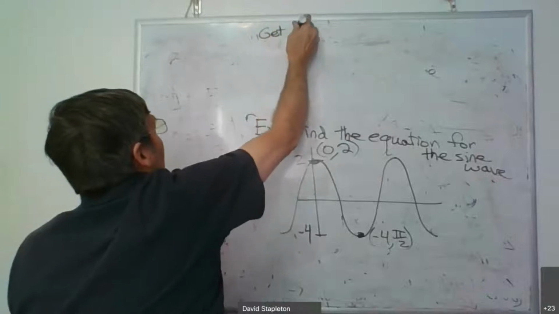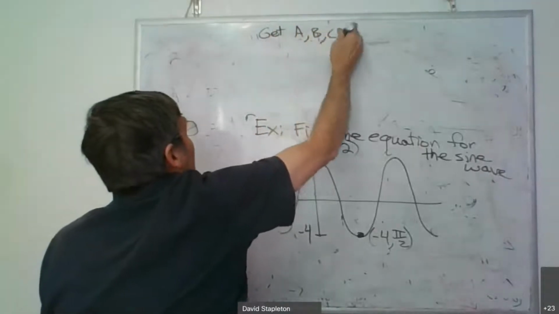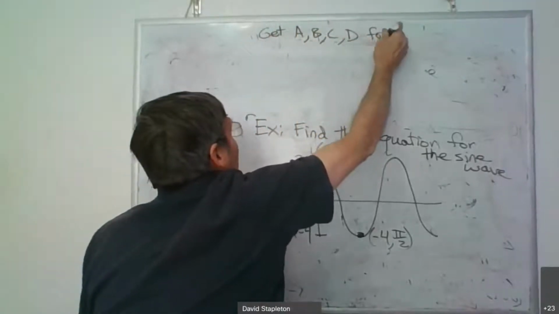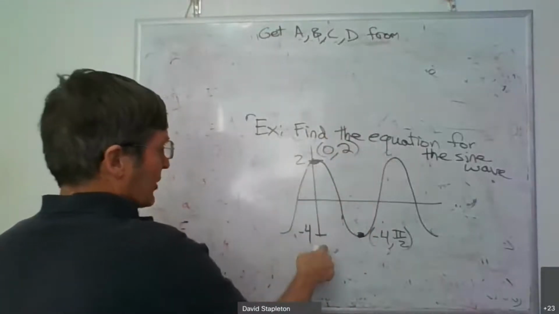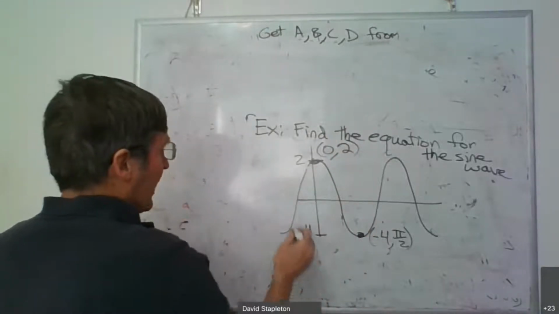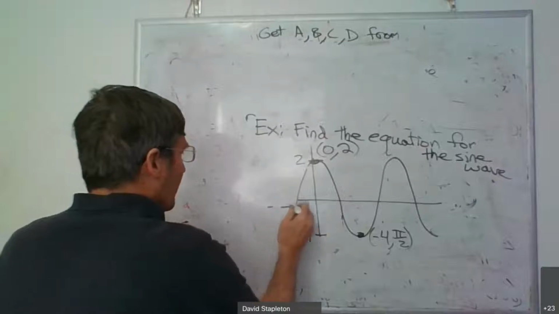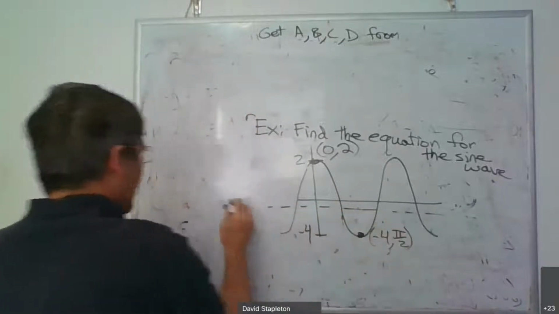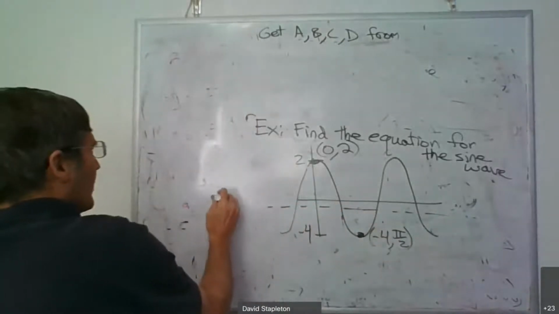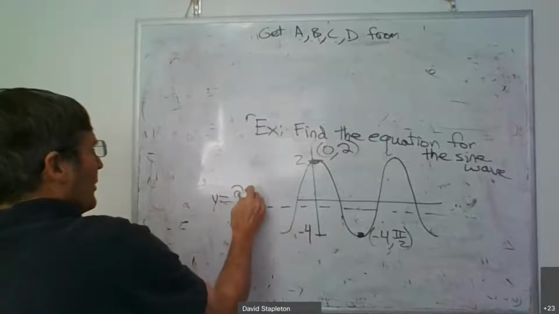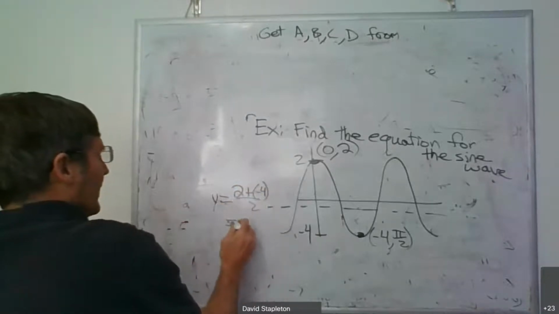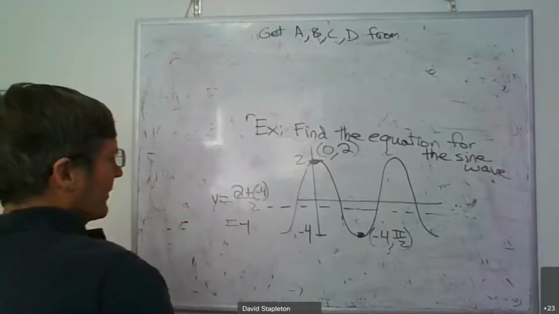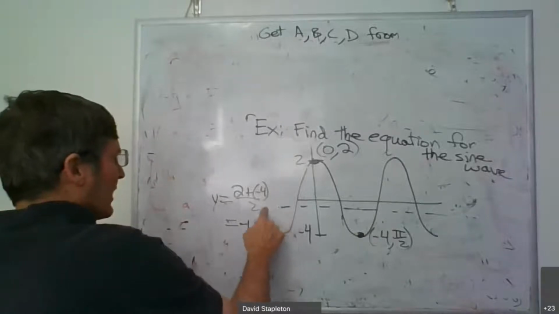Get A, B, C, D from the properties. If this is at +2 and this is at -4, then the midline has to be halfway between, right? So the midline is right there, at y equals the average of those two. 2 plus -4 all over 2 is halfway between, is -1, right? So this is the line y equals -1 right here.